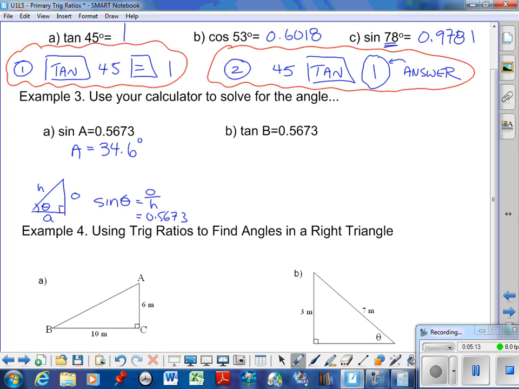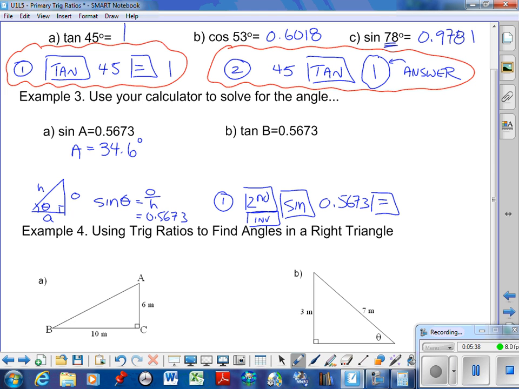Okay, so the two types of calculators. Type number one, you will hit second or inverse INV, depending on what you have on your calculator. Then you'll hit the trig function in question, and then you will put in your decimal, 0.5673, and then you'll have to hit equals. So that's calculator number one.